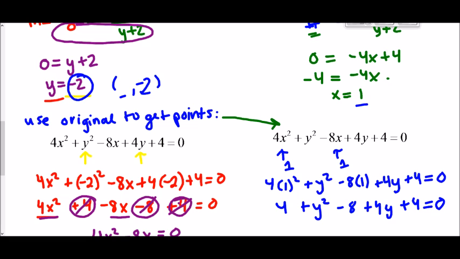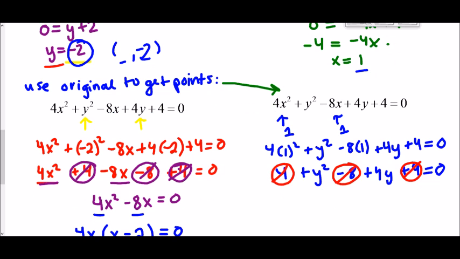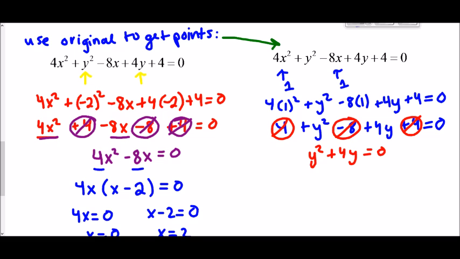Ooh, look what happens again. Positive 4, negative 8, positive 4. Those are gone. 4 minus 8 is negative 4, plus 4 is 0, so those are canceled. So now we have y squared plus 4y equals 0. So again, we're going to factor out what they have in common. In this case, these two things have a y in common. So when we factor it out, we have y times y plus 4 equals 0. Each of these will give me a value. I set outside equal to 0, inside equal to 0.